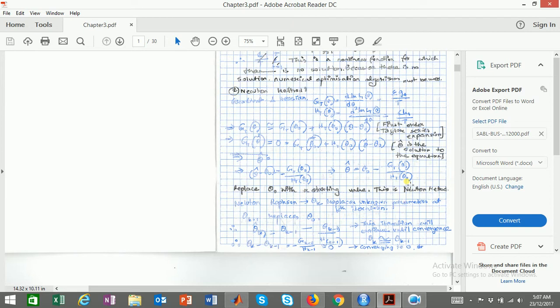Remember, a practical issue is that the maximum likelihood estimator is a function of the unknown parameter theta naught. This suggests that a natural way to proceed is to replace theta naught with a starting value and an updating scheme. This is the basis of the Newton method.